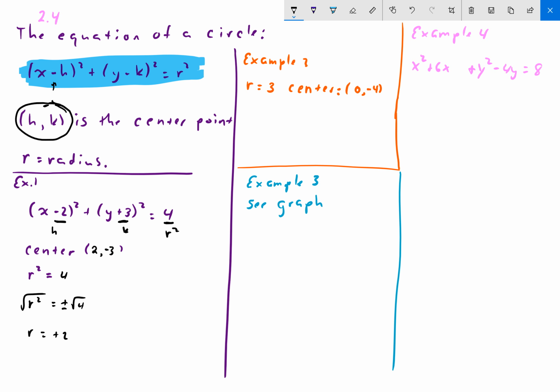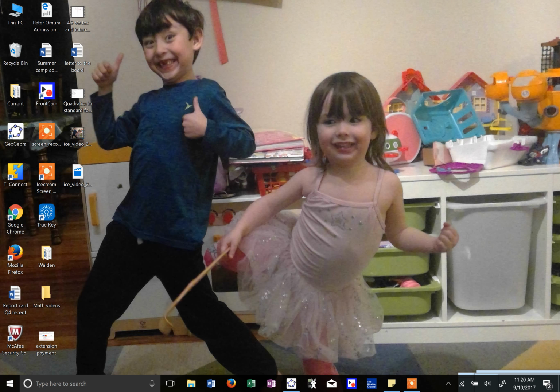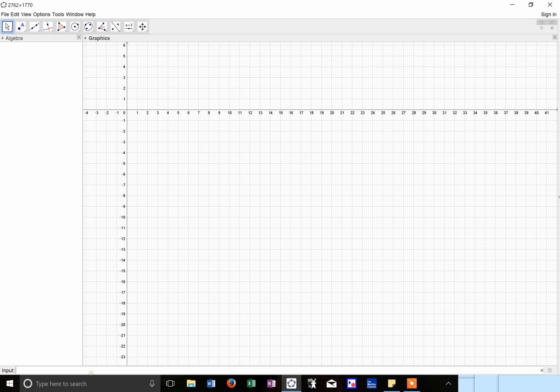So let's see. (x minus 2) and (y plus 3). I'm going to go over here, and inside my GeoGebra, I'm going to type in my equation, which says (x minus 3) squared plus (y plus 2) squared equals 4.